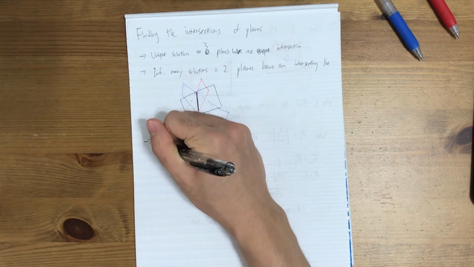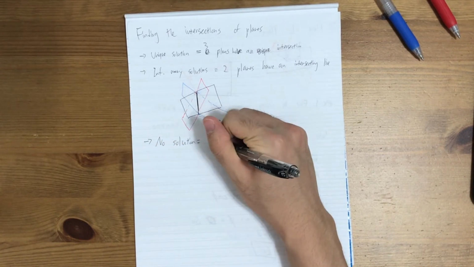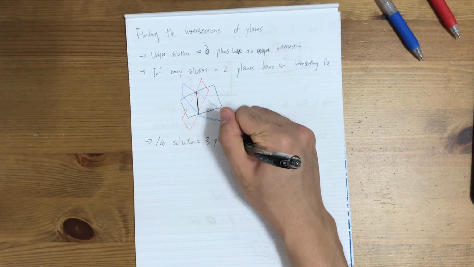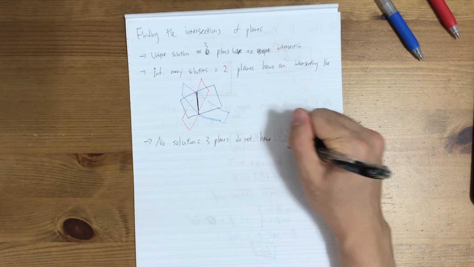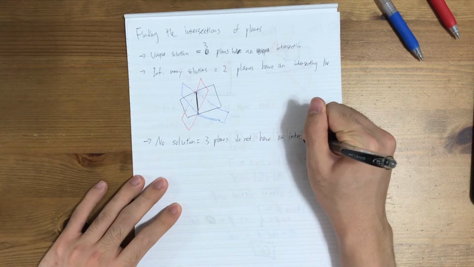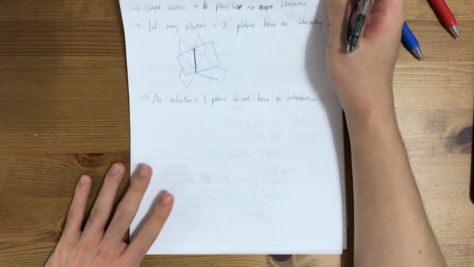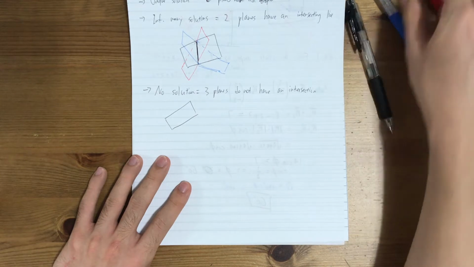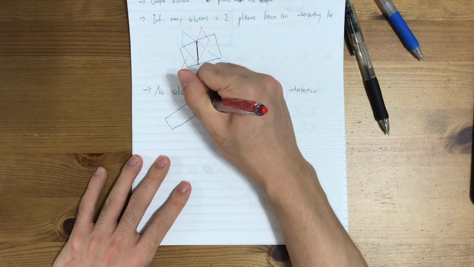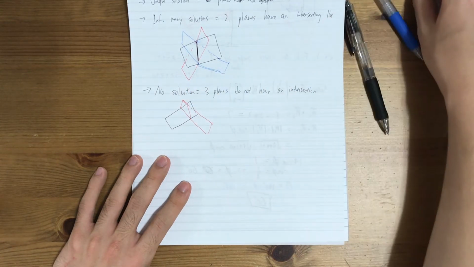And lastly, no solution. That means three planes do not have an intersection. So you can try to recall the skew lines. So you'll have planes intersecting two by two but not all three at the same time, like this.